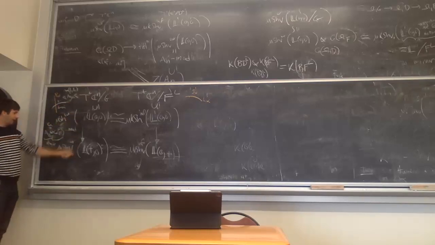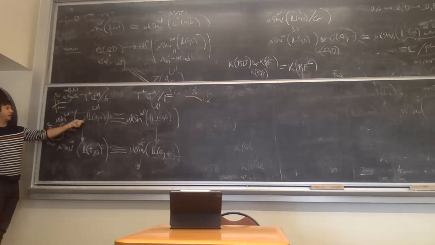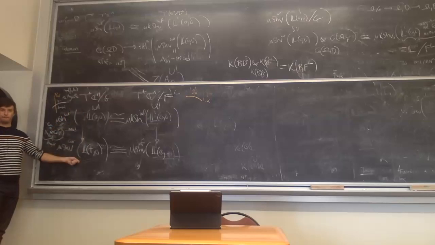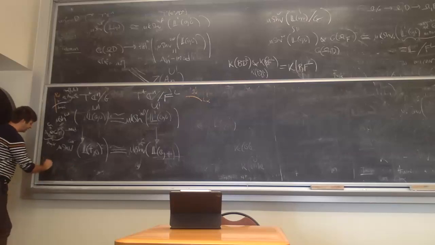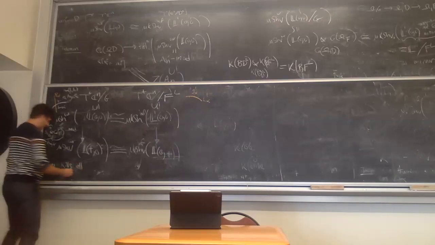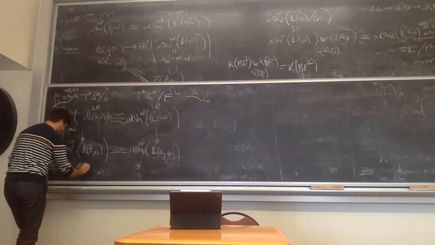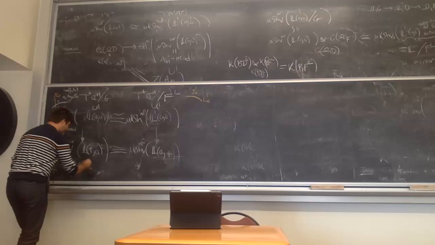And what I want to claim is that this functor just kills all of the idempotents that correspond to unstable chambers. So that's in fact what the theorem is, that this thing kills all projectives corresponding to the unstable chambers.